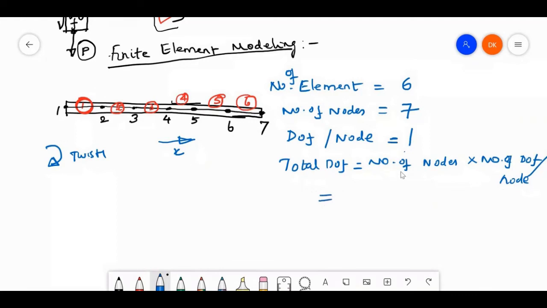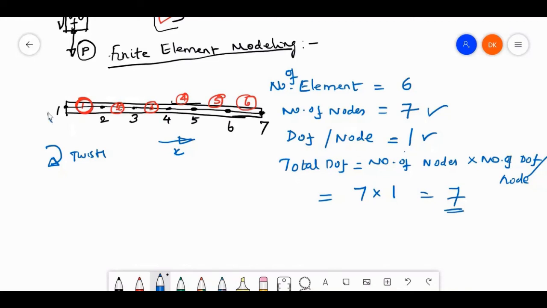Number of nodes, how much? 7. Then each node, how many degrees of freedom? It is 1. So that is equal to 7. The total degrees of freedom is 7 in the entire body. In the entire body, only 7 degrees of freedom.